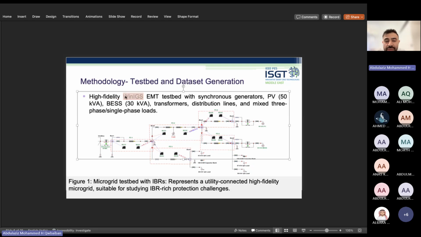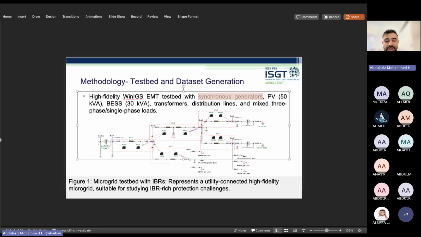It is in software EMT, electromagnetic transient test bed, يعني مكان اختبار. في له chapter 6, في له PVs 50 kVA, في له batteries, battery energy storage 30 kVA, 50 kVA, في synchronous generator. وين synchronous generator؟ Not shown here because this is distribution.